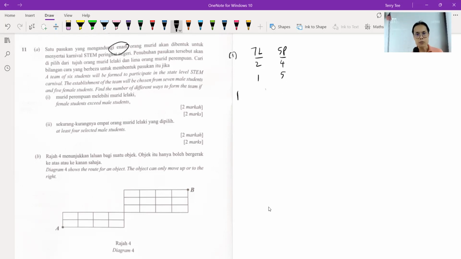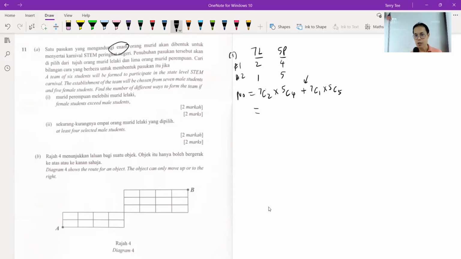So the number of ways would be, in this case, 7 laki, I choose 2. Remember, this is case by case. You can say this is case number 1, case number 2. And you're choosing boys and girls at the same time. 7 choose 2, 5 choose 4. Now, then you plus. Why do I plus? Because this is the second case. First case, we add with the second case. 7 boys, I choose 1. 5 girls, I choose 5.